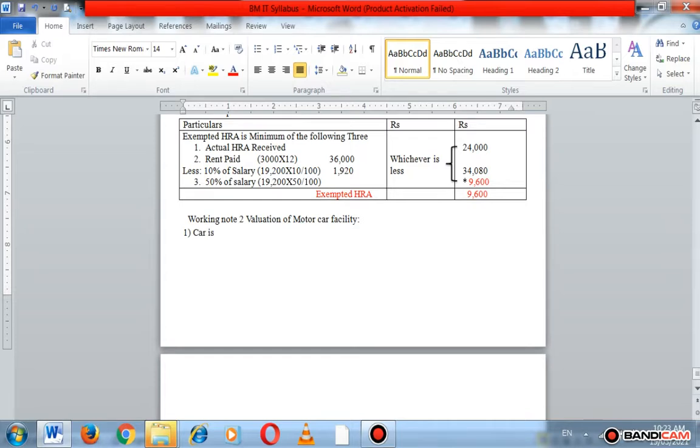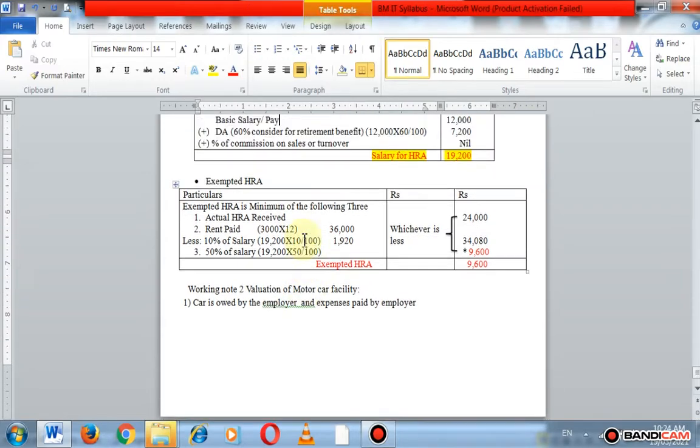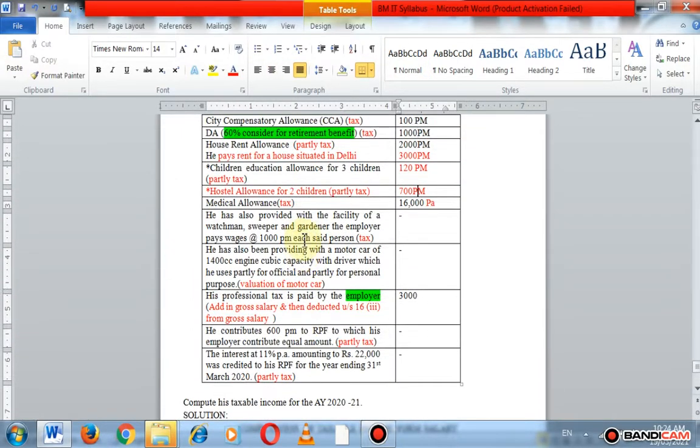owned by the employer and expenses are paid by the employer. Here the problem says the employer has also provided a motor car to the assessee, with a cubic capacity of 1,400 cc, with a driver.